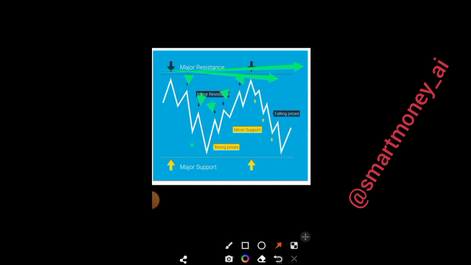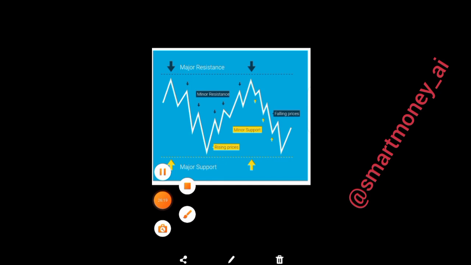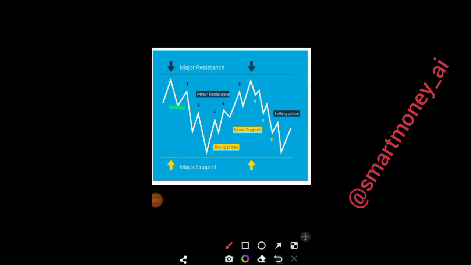But what usually happens when a support is broken? Let's say you were on this chart, you have this support here, right? This support and this support, which you have already marked, right? So here, this was a support level.